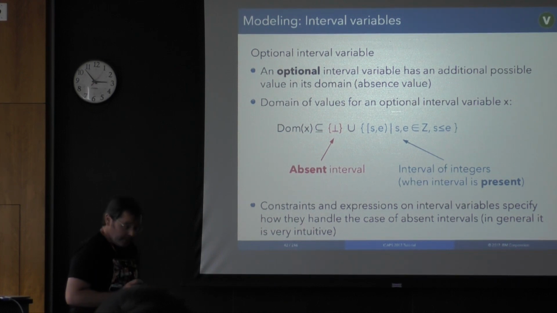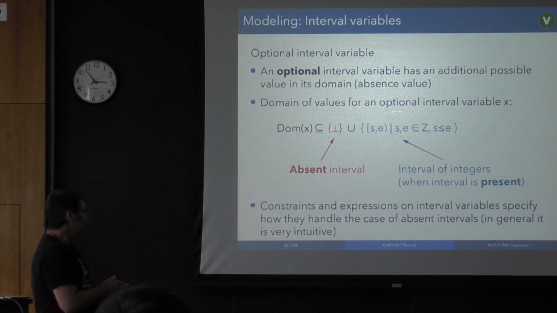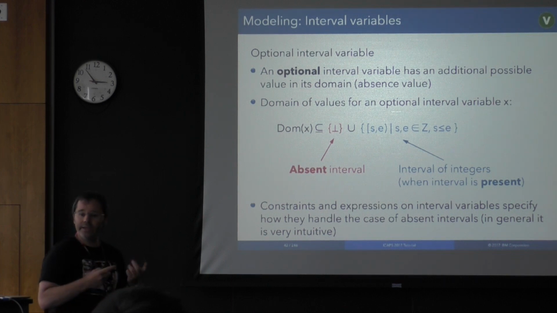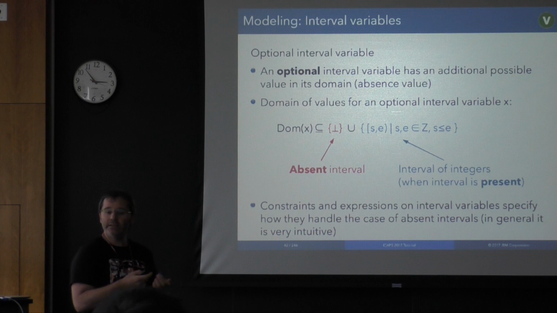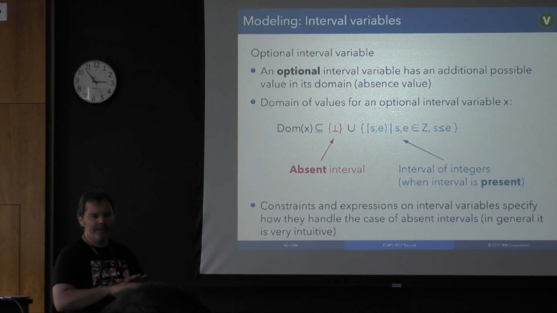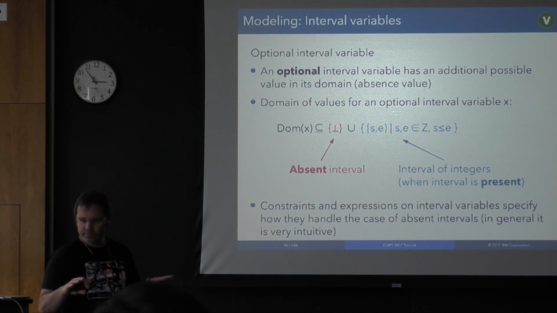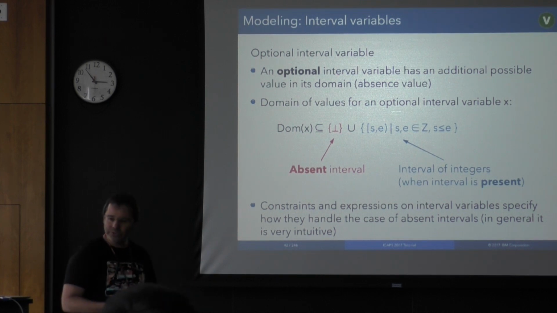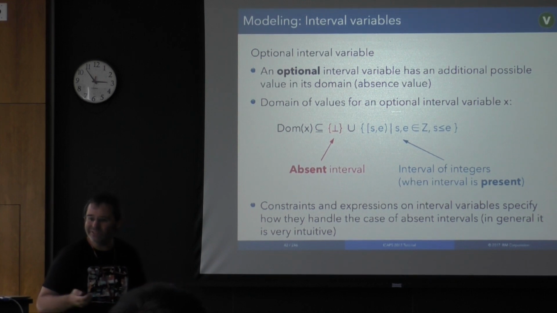And so all the constraints and expressions that we will see and that we have been introducing in CP Optimizer will have to specify how they handle the case when the interval variable they hold on is absent. Quite often this is extremely intuitive, but at least when you formally describe the constraint, you have to take care of these values.